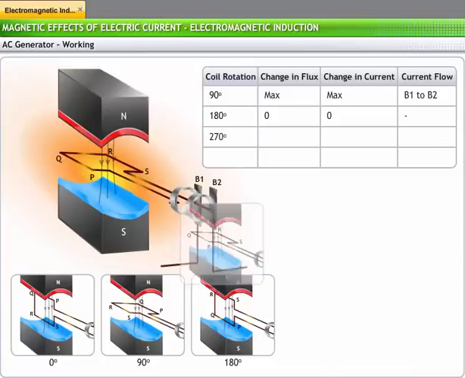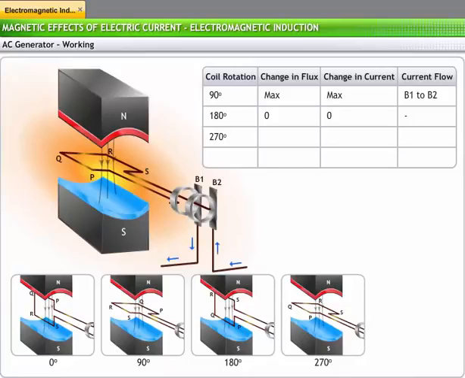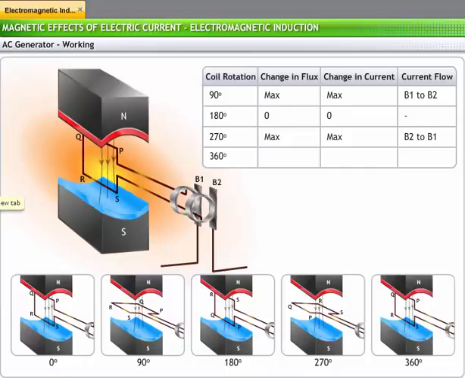Rotating the coil by another 90 degrees causes the current to increase in the opposite direction. Now the coil has rotated through 270 degrees from its initial position. Now the current flows from B2 to B1. On turning further by 90 degrees, the coil completes one rotation of 360 degrees.